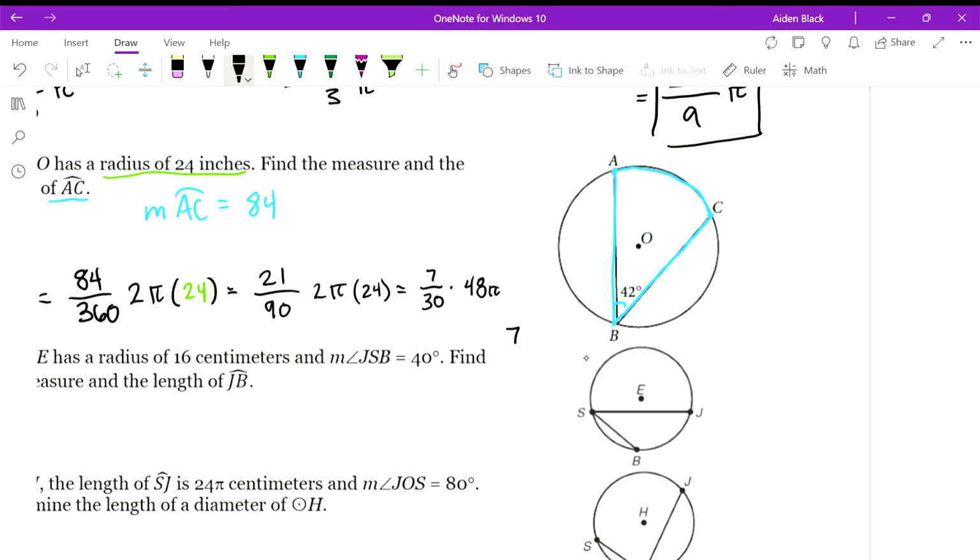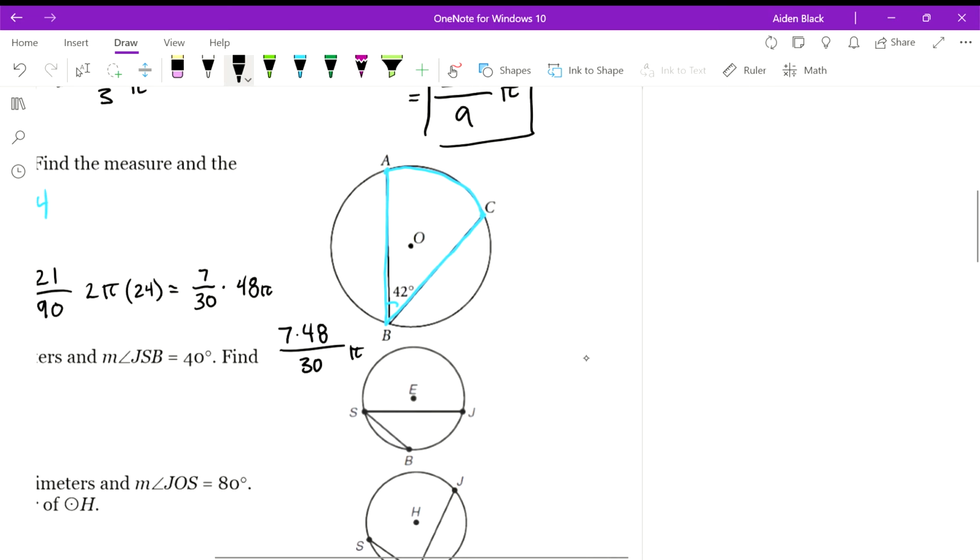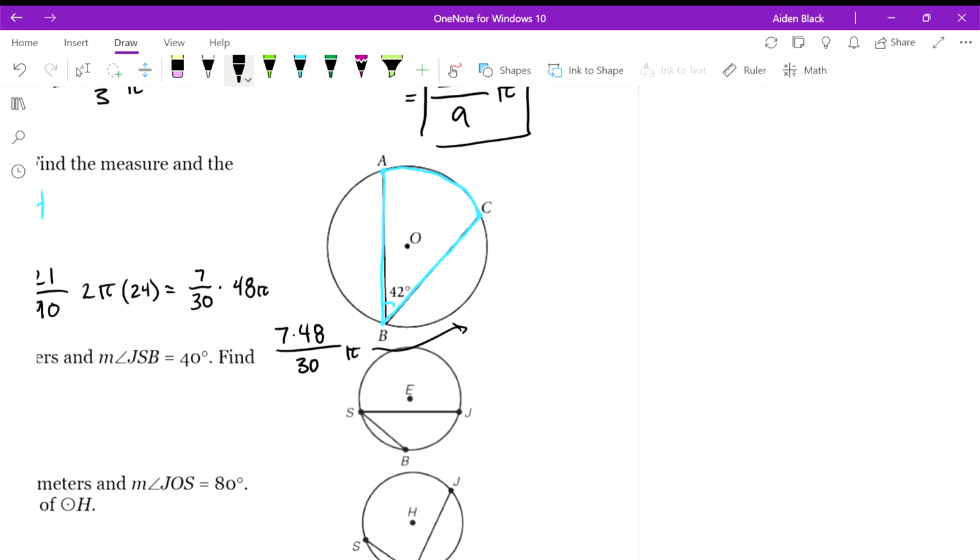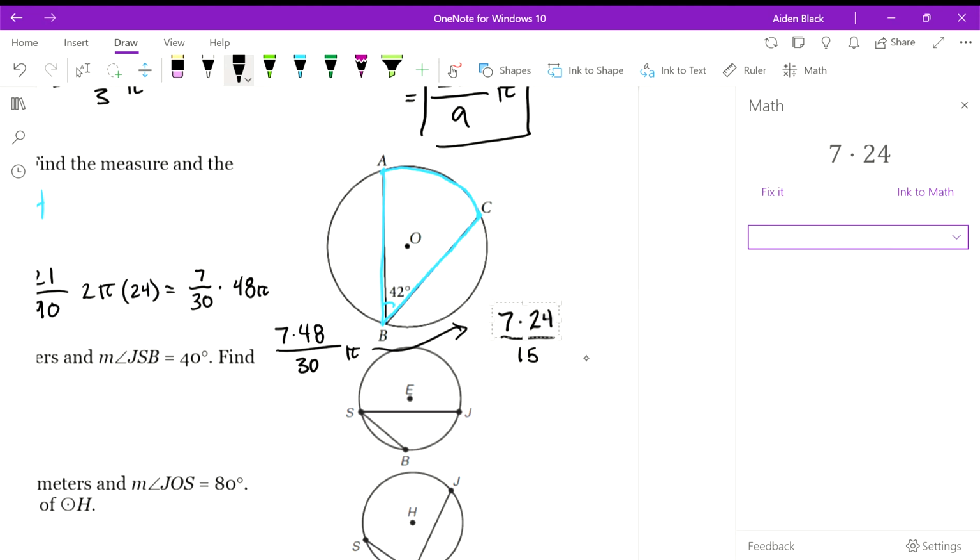So we have 7 times 48 divided by 30 times pi. Well, we can reduce this by dividing top and bottom by 2. What's 48 divided by 2? 24. 30 divided by 2 is 15. 7 times 24 is 168.